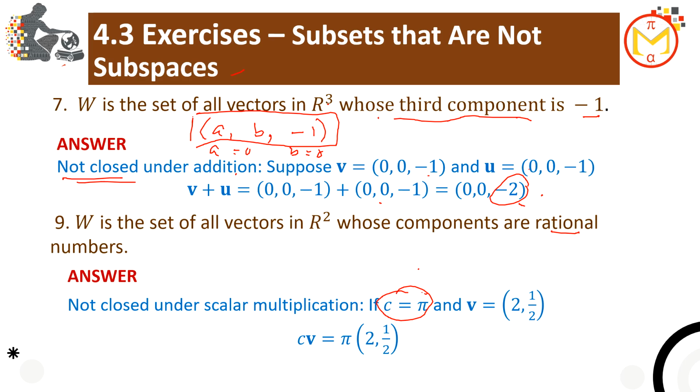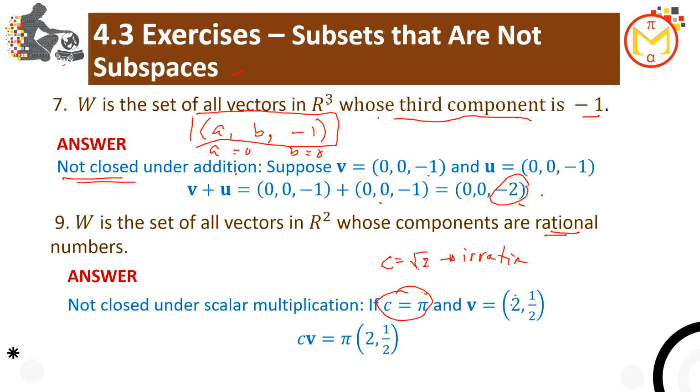And an irrational number is a real number. So I can say my C is, what about if my C is square root of 2? This belongs to the irrational numbers. So if I multiply that with a vector that contains rational numbers, 2 is a whole number which belongs to the rational numbers, and 1/2 is a fraction, which belongs to the rational numbers.